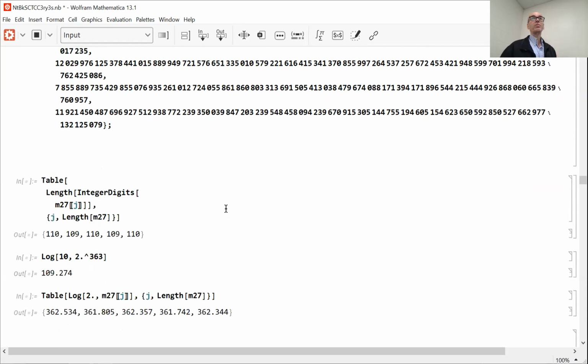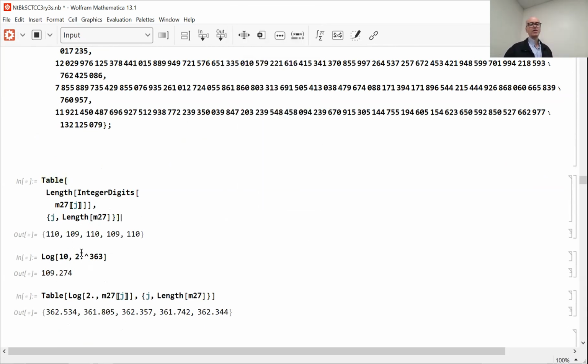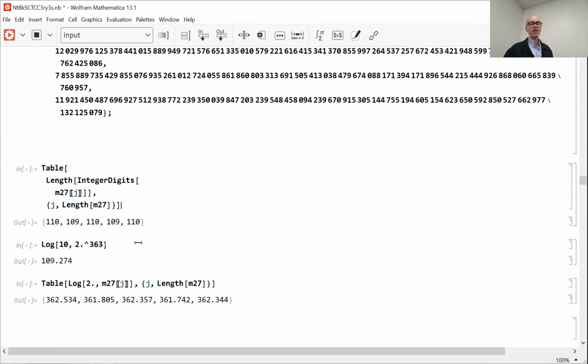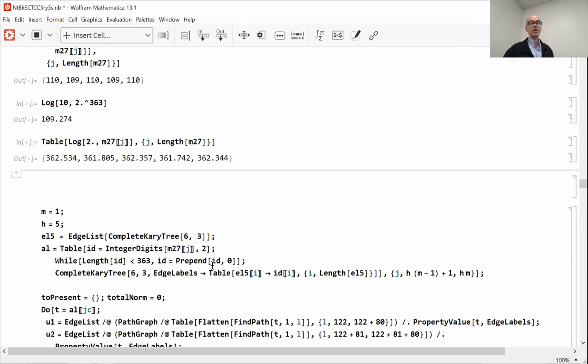And the 5 numbers, okay, thank you. So the numbers that I got have these many digits, 110 or 109 digits in base 10, and the log base 2 would be about 362, 361, or 363, as you see here.